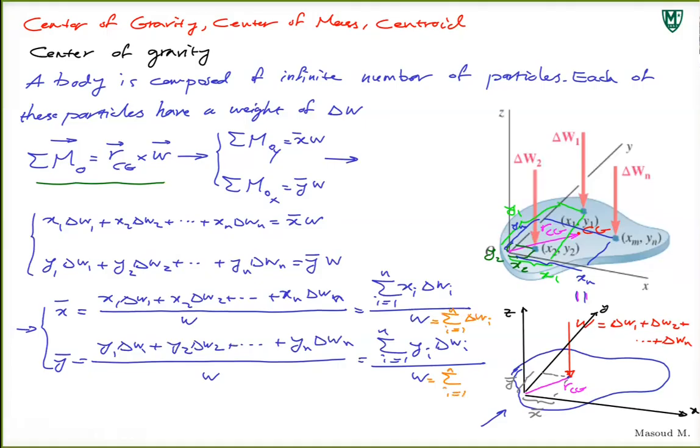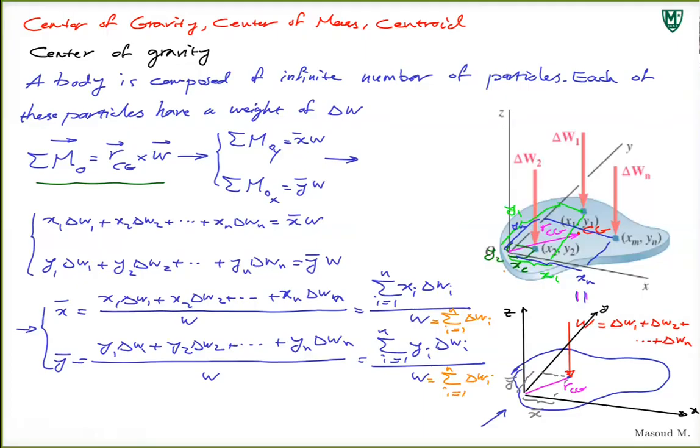So we have this fraction now: x bar is equal to the summation of the multiplication of the weight of the particle and the distance it has from the y-axis, which is xi, over the sum of the weight of all the particles.